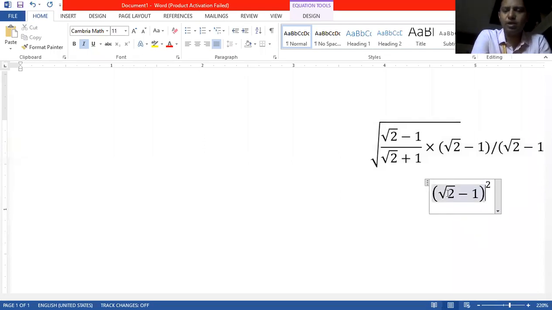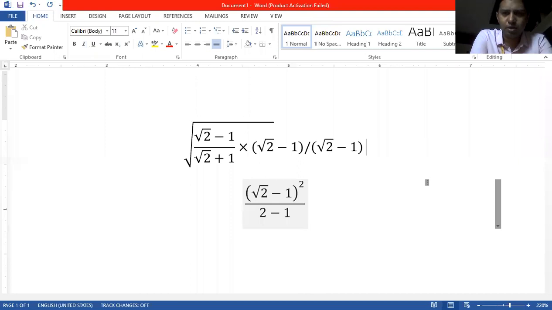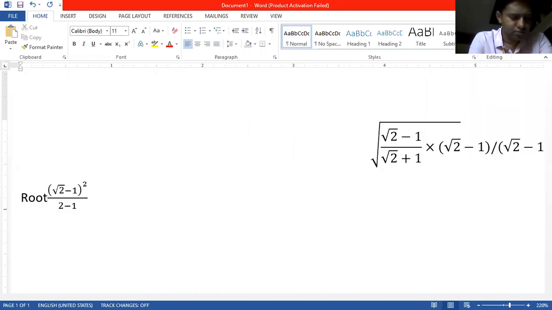The denominator will be under root 2 plus 1 times under root 2 minus 1, that is 2 minus 1 only, with a root outside it. Simply, I'll write root under root 2 minus 1 upon 2 minus 1.